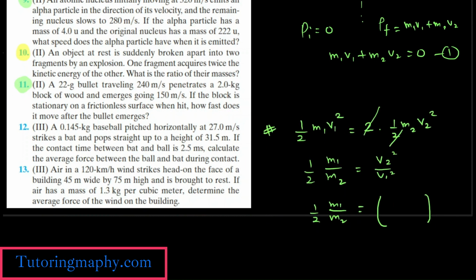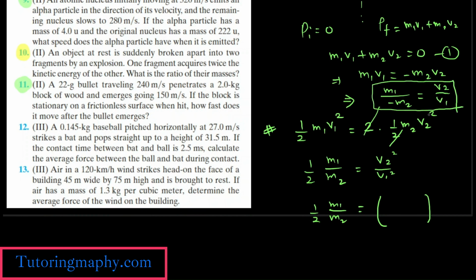Let me make some space. And can I rewrite it as m1 v1 is equal to minus m2 v2? And can I divide both sides with negative m2, and divide both sides with v1, to write this as another form of that equation? Let me know if you agree.